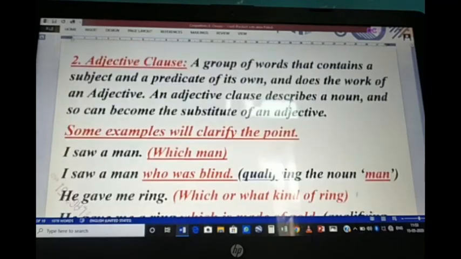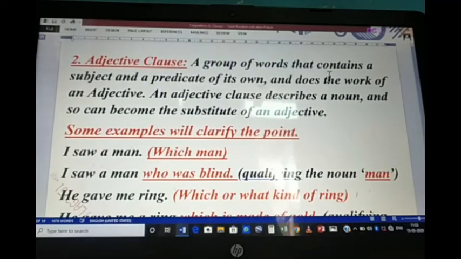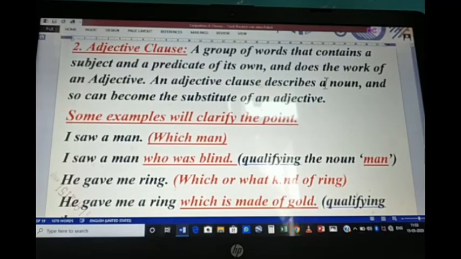Now adjective clause: a group of words that contains a subject and a predicate of its own and does the work of an adjective. So an adjective clause describes a noun. As we already know what an adjective is and what is the function of an adjective, an adjective clause does the same as an adjective word does, but it has a subject and a predicate of its own.